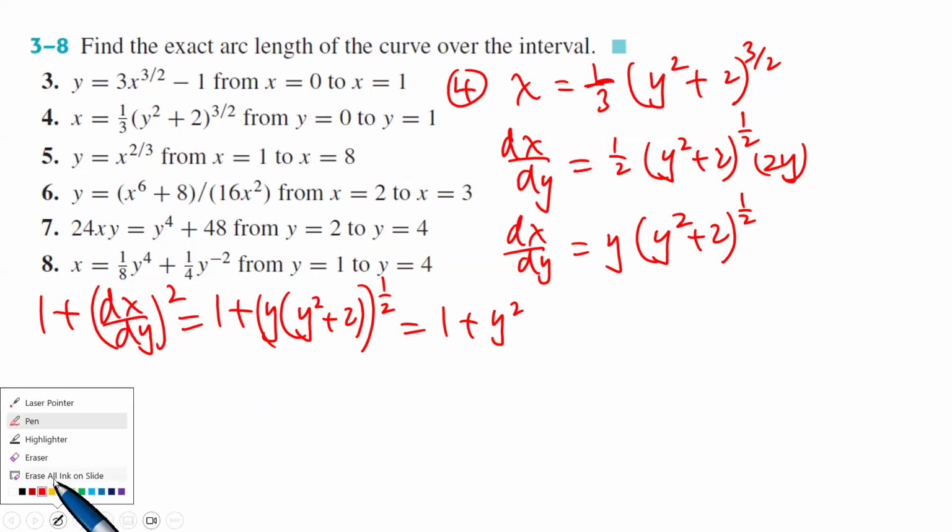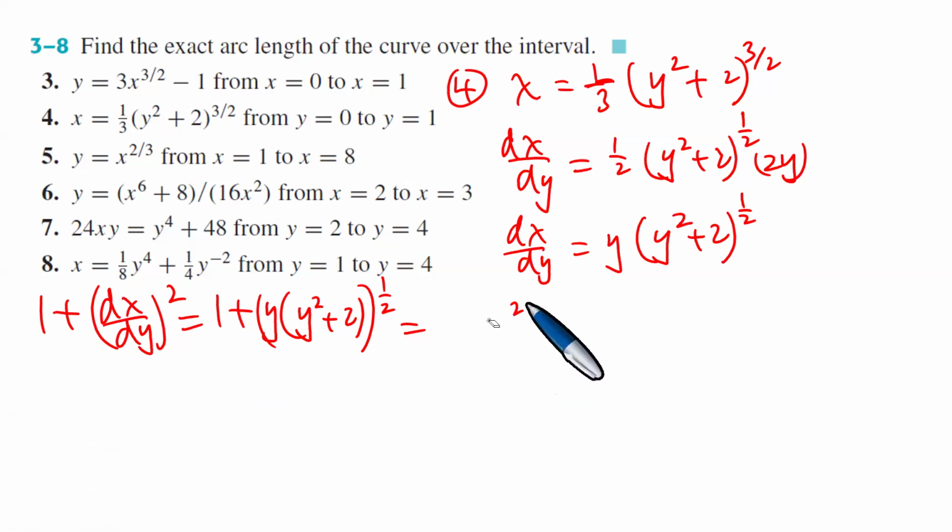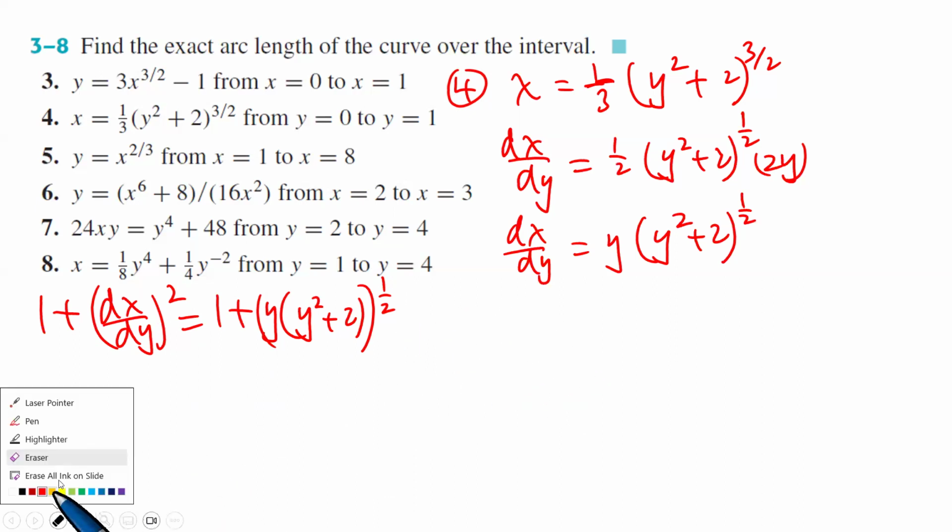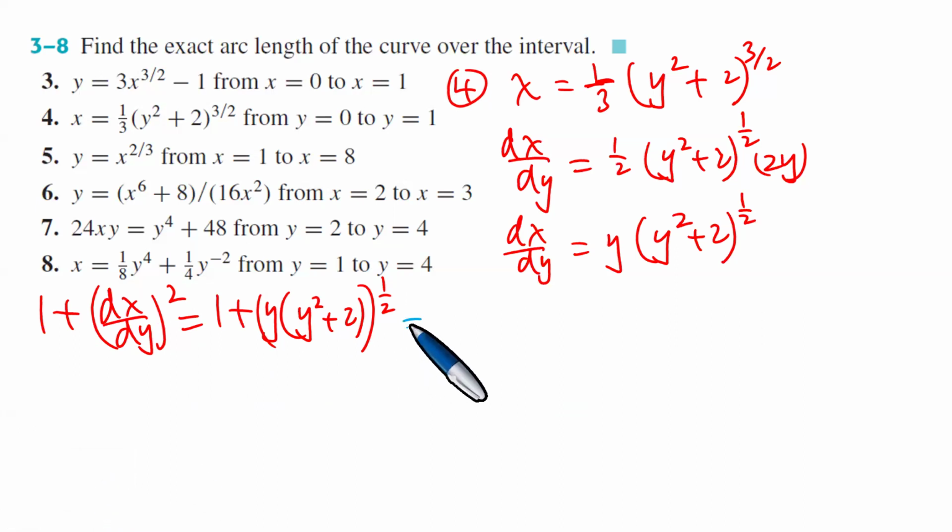Okay, let's use a different color. So which is 1 plus... Okay, it's exactly this, but you need to square it. So you need to square. It's fine.